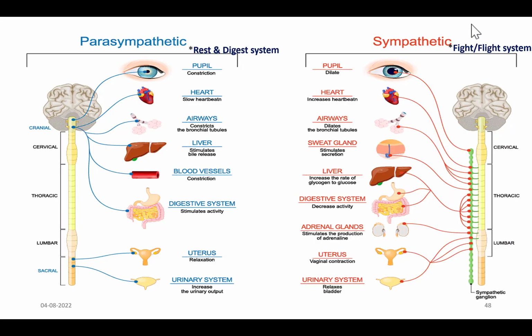So this system is called the fight or flight system. Now the parasympathetic nervous system gets activated when we are in a comfortable position, that is when we are relaxed. So we call this system the rest and digest system.